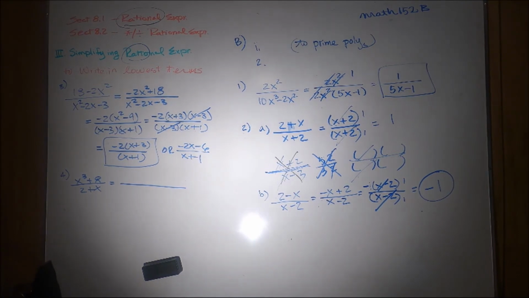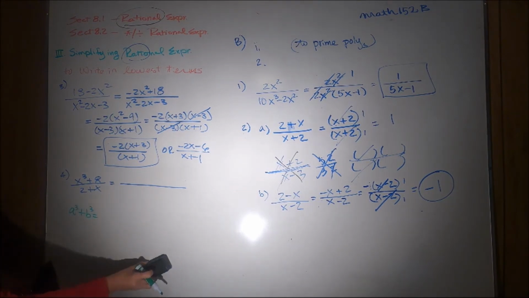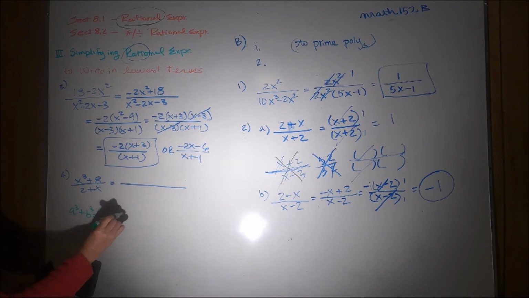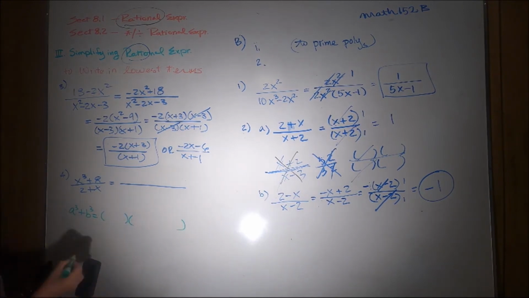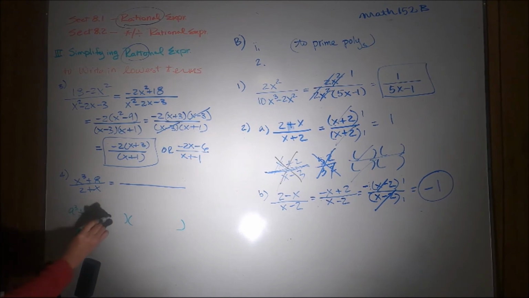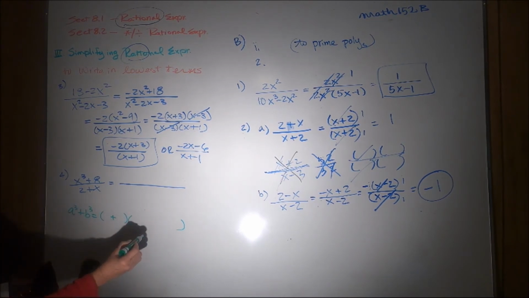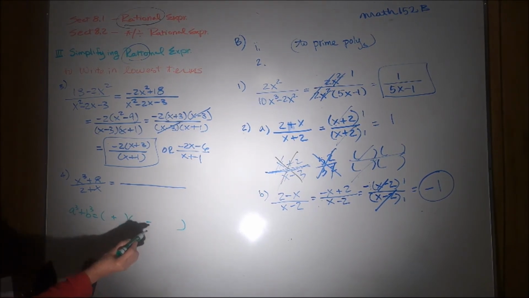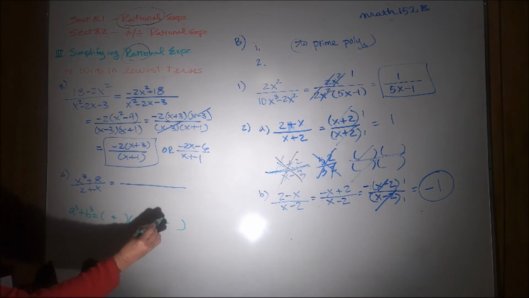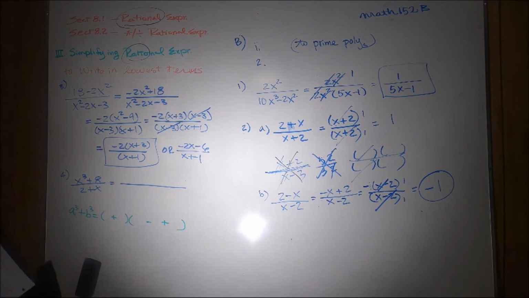So what's the formula? It should be 2 terms here, 3 terms there. Plus here, right? Then the next 3 terms, the first will be the opposite sign. The last one is a positive.